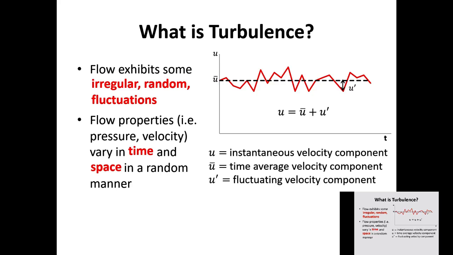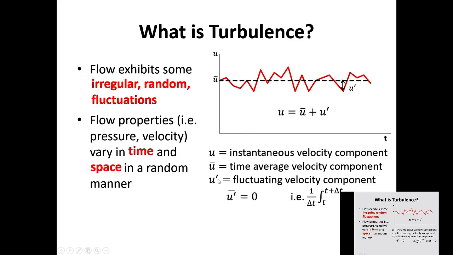So u is defined as the instantaneous velocity component. U bar is the time average velocity component, and u dash is the fluctuating velocity component. Okay, that is u bar, and that is u dash.